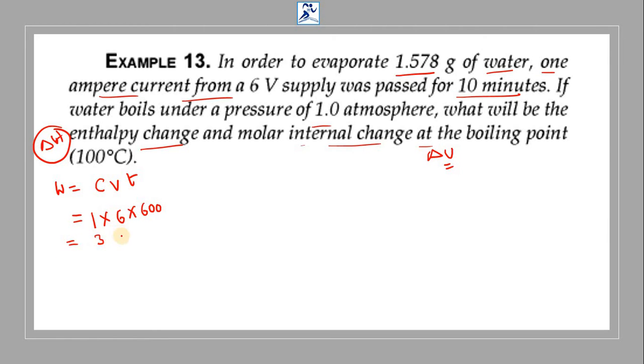So 3600 joules will come, and that is nothing but delta H.